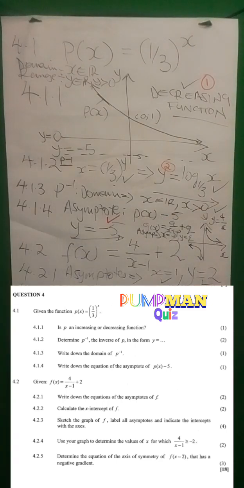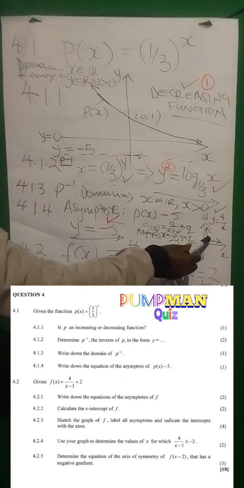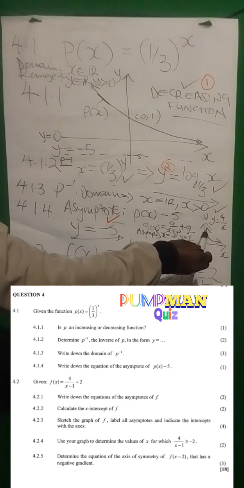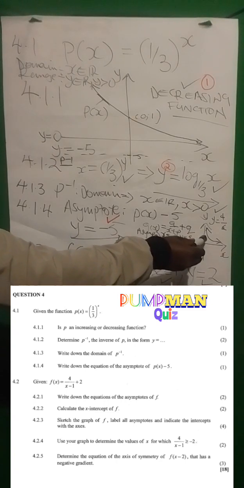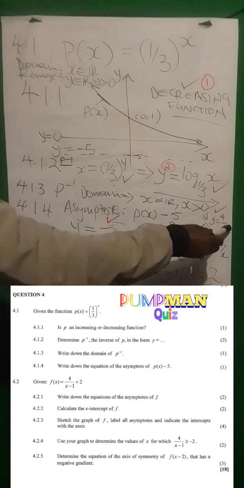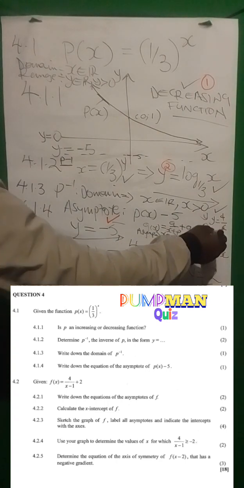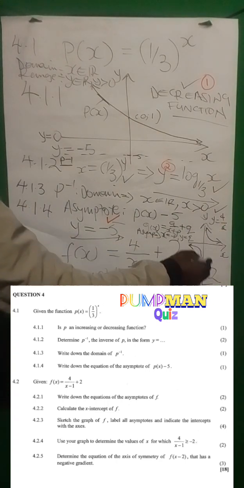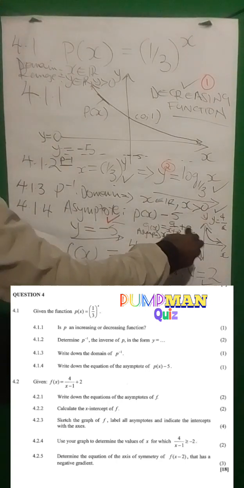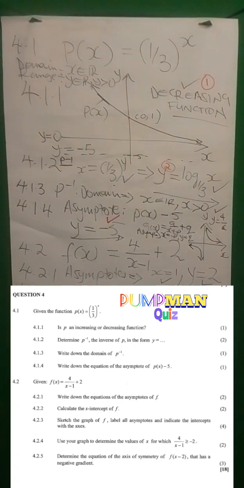In my head already, I've got an image of my basic function graph so that I can be in a position to tell what happened, for me to determine the transformations that map my basic function graph onto my function f of x. Now, your graph of y is equal to 4 over x will be like this in the first and the third quadrants, with your axes as the asymptotes.